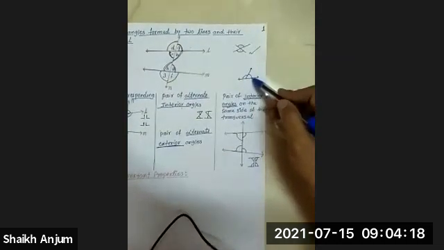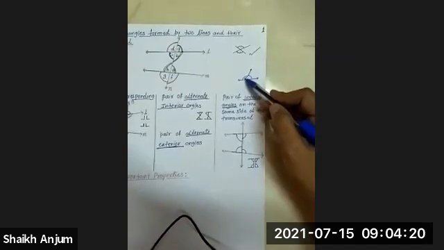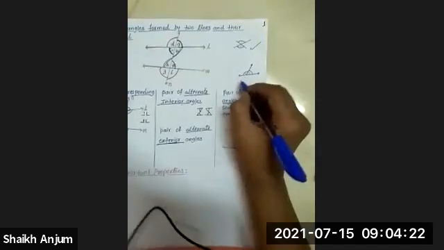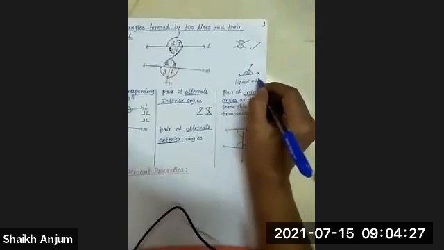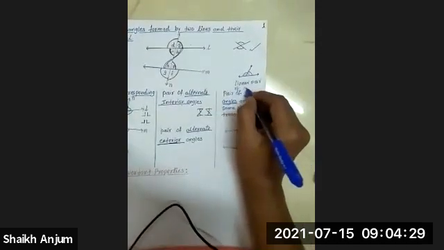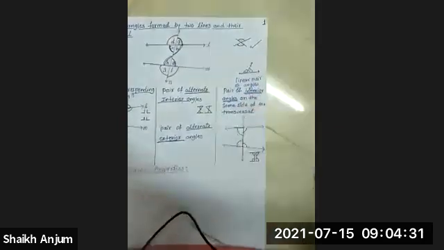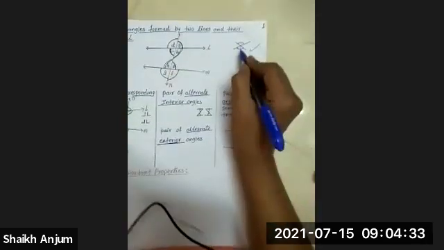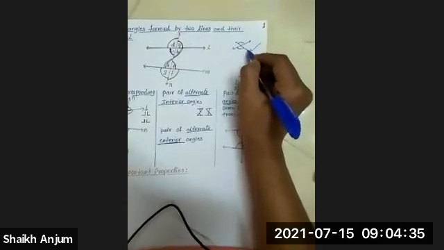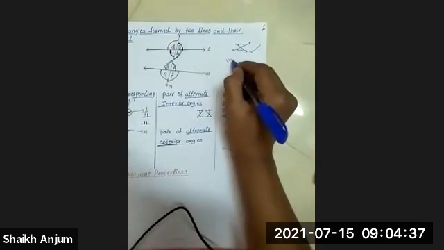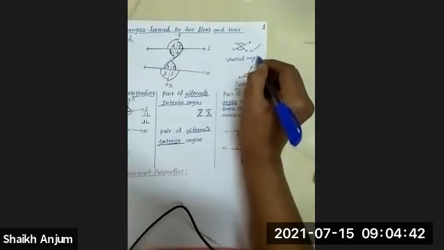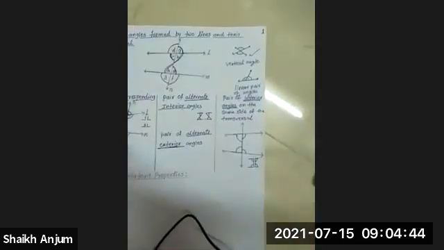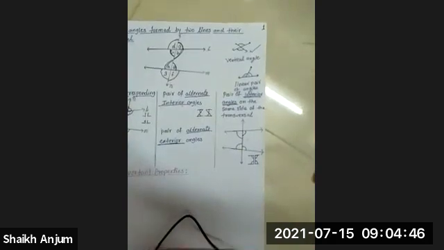Two lines intersect here, and these are the pair of adjacent angles. So it is called a linear pair of angles. And this type of angle is the vertical angle, the opposite angle, the vertically opposite angle.